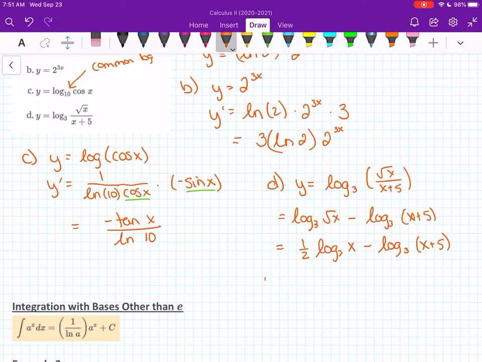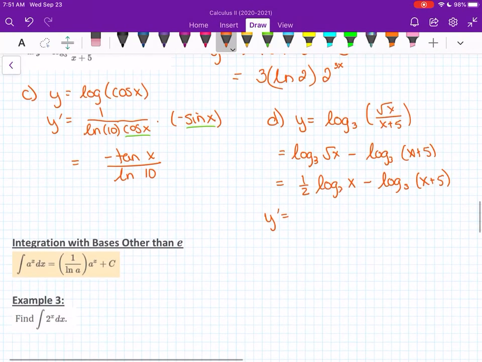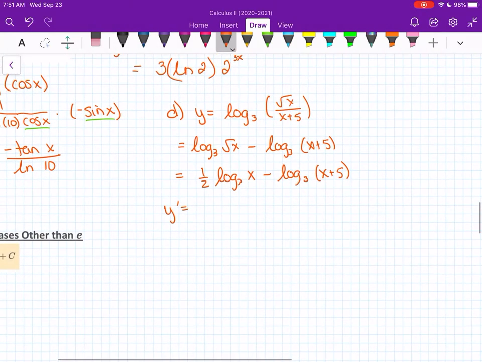So now I can take the derivative. So y prime. And I'm going to get... oh my gosh, I need some more space here. All right, so y prime, I'm going to get 1/2, and then log base 3 of x is going to be times 1 over natural log of 3 times x.